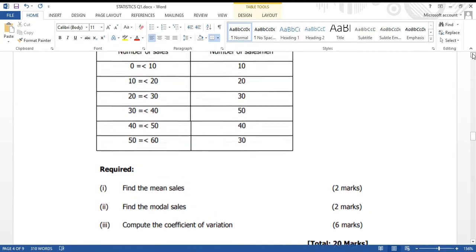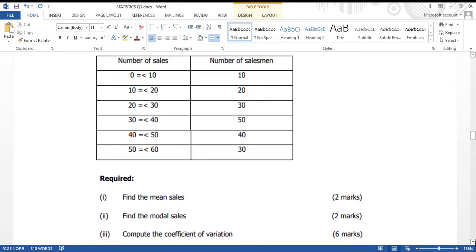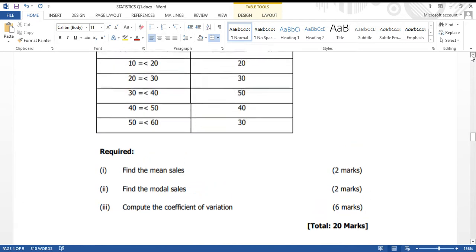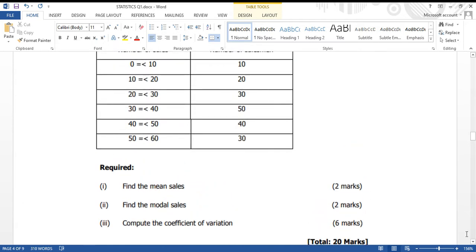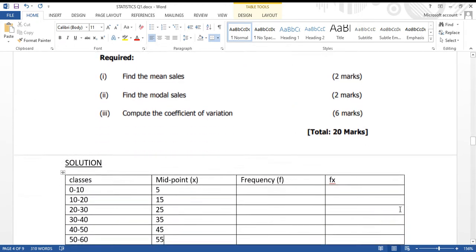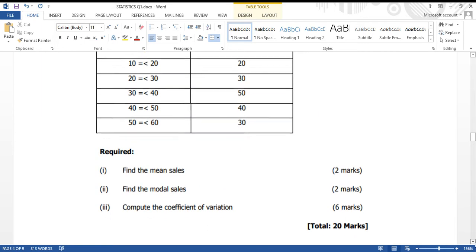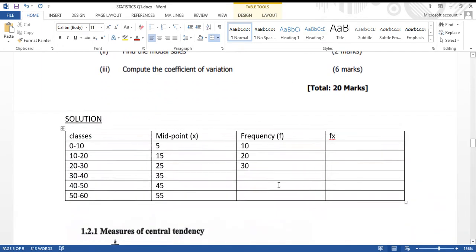Now we go to the frequencies. So it's 10, 20, 30, 50, 40, and 30.